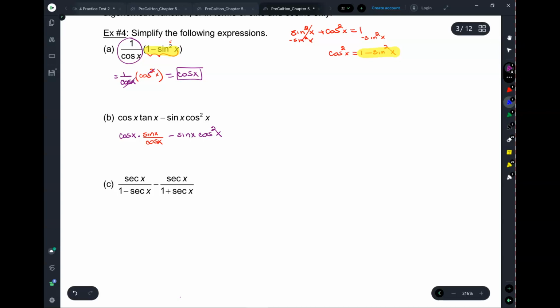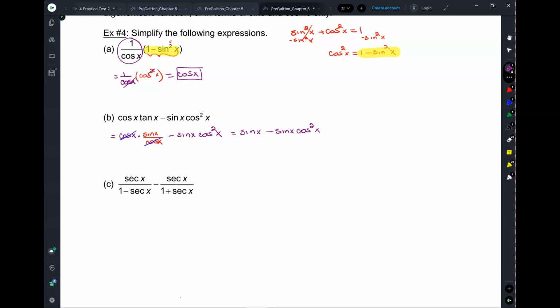Now you notice there is a cosine on top and on the bottom that can cancel out. So that means what I have now is sine of x minus sine of x cosine squared x.